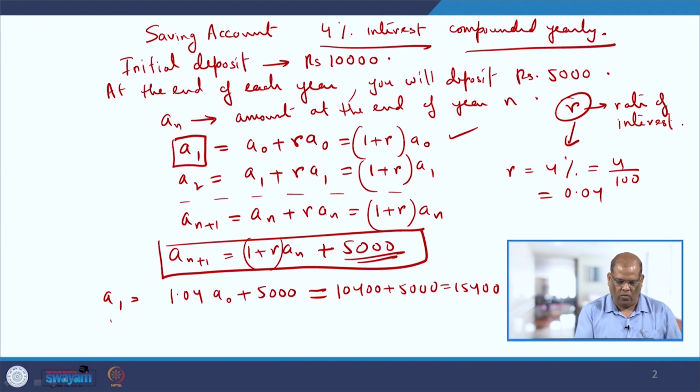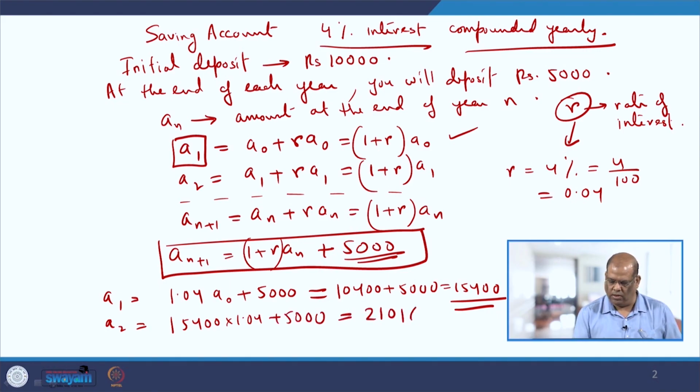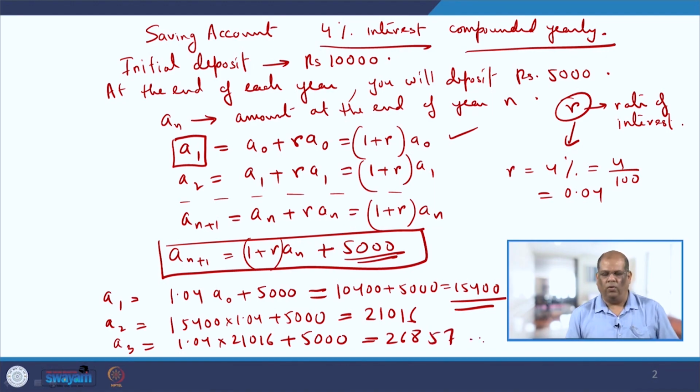Similarly, my A2, with the new principal, 15400 multiplied by 1.04 plus 5,000, is approximately 21016. Similarly, A3, with the new principal 21016 plus rupees 5,000, will approximately give you 26857, and so on. So, we can get the amount at the end of whatever year you want.